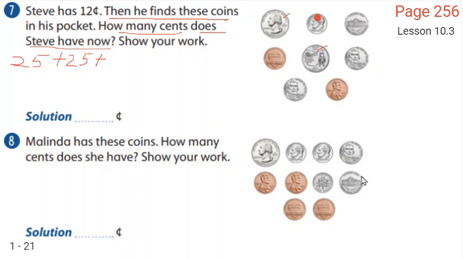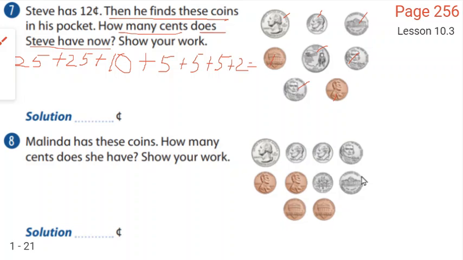Looks like he has 1 dime, plus 10, plus nickels 1, 2, 3, 5 plus 5 plus 5. How many pennies does he have? 1, 2. I'm just going to write down 2. That equals. I want you to pause this video. I want you to figure out the solution.